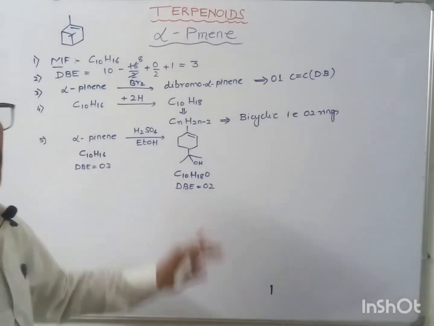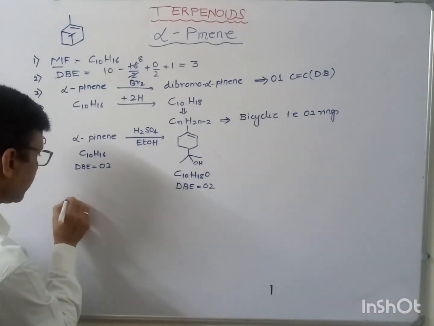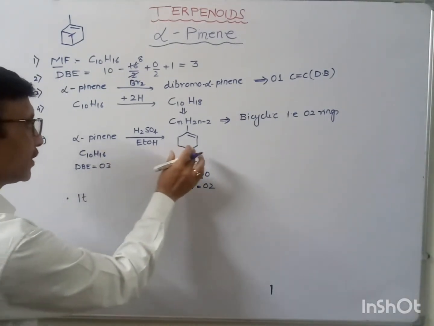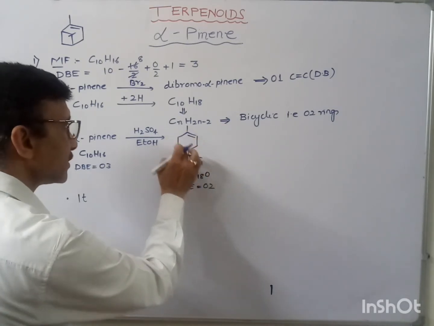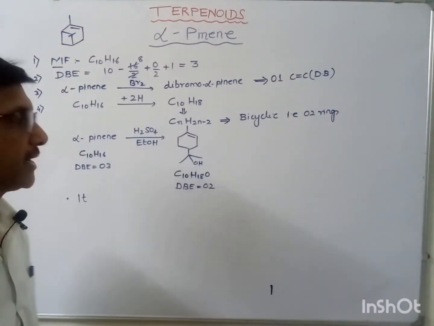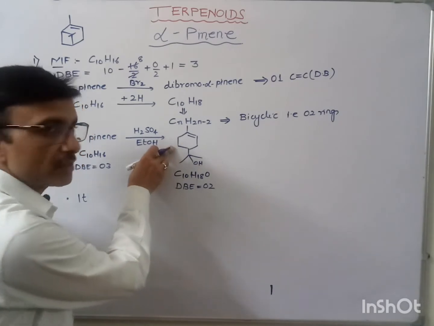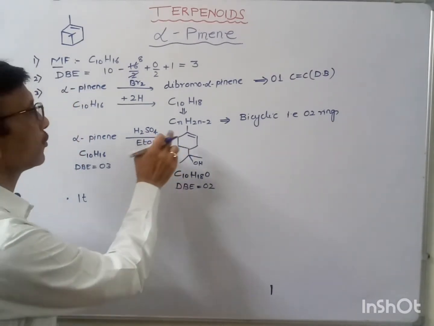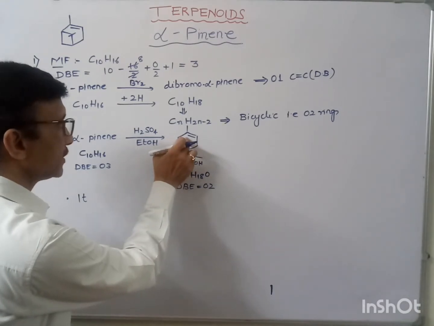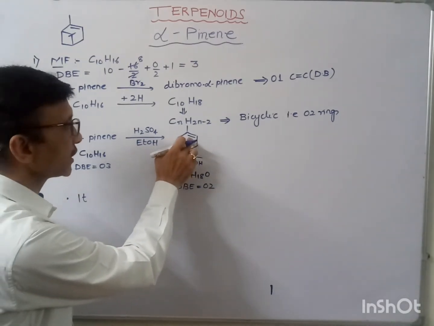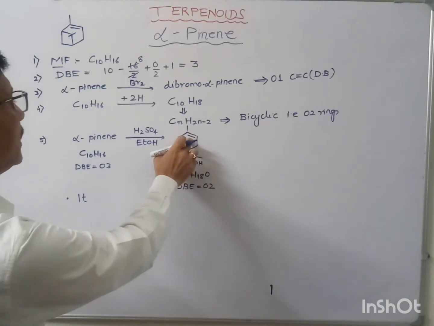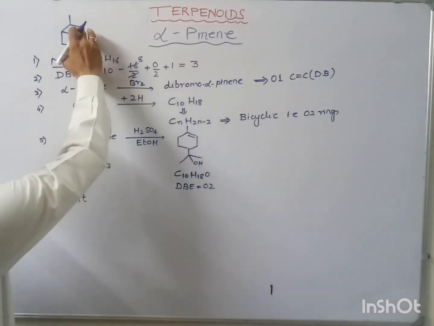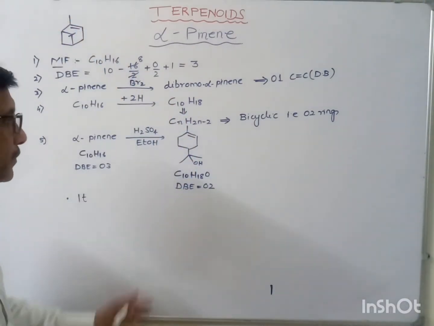Now, what does this reaction indicate? First, the formation of this alpha-terpineol tells the presence of one six-membered ring having a carbon-carbon double bond, because here one carbon-carbon double bond is present. It means in alpha-pinene also one carbon-carbon double bond should be present.